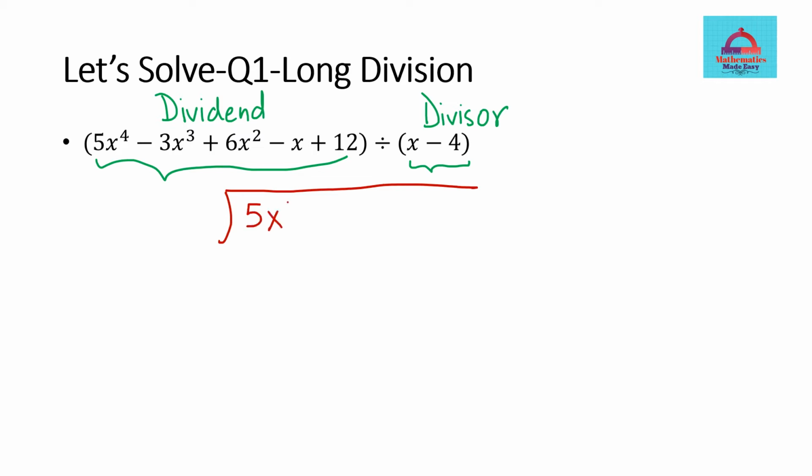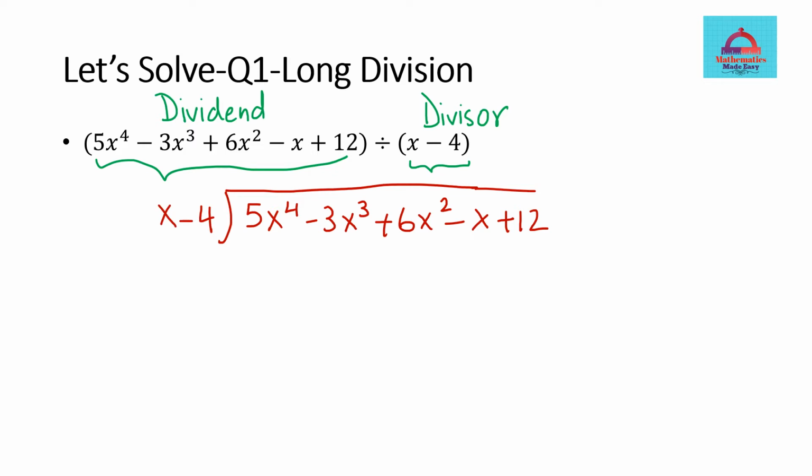So I'm writing it here, and make sure it is in standard form, that is the decreasing power. Here in this question it's already in standard form, so I'm not changing anything, but in case it is not in the descending powers of the variable, you have to arrange it in that manner. Okay, so the divisor comes outside. So this is step one.